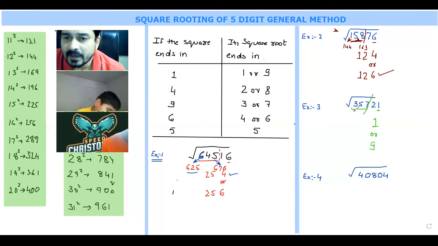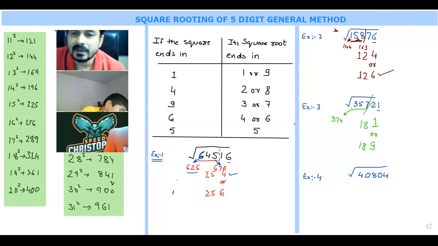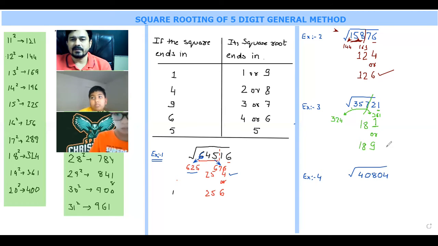The perfect square just smaller than 357 is 324 and its square root is 18. So I will write 18 at both the places. Now the perfect square greater than 357 is 361. Clearly, we see that 357 is closer to 361, that is the greater of the two numbers. So the greater of them will be the answer.